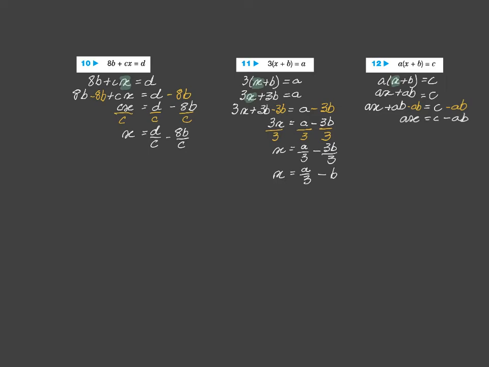You need to divide both sides by this a here so that you can get x by itself. On the left, divide by a and divide each term on the right by a. On the left, a divided by a is 1x is equal to c over a minus, and here you have a divided by a again, so it's 1b.